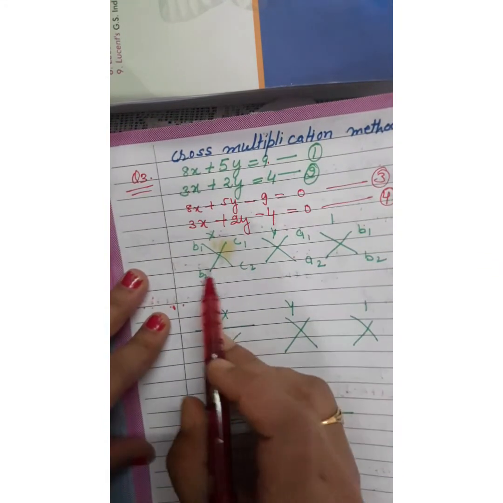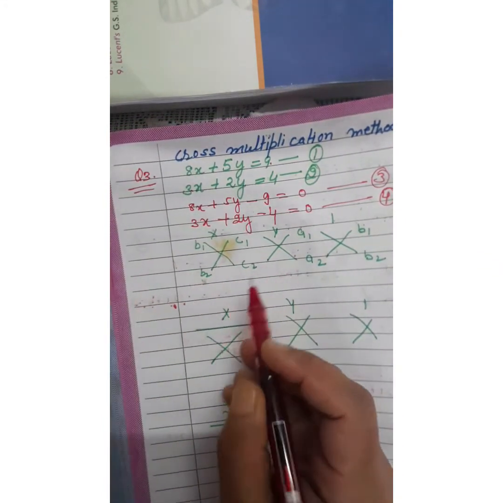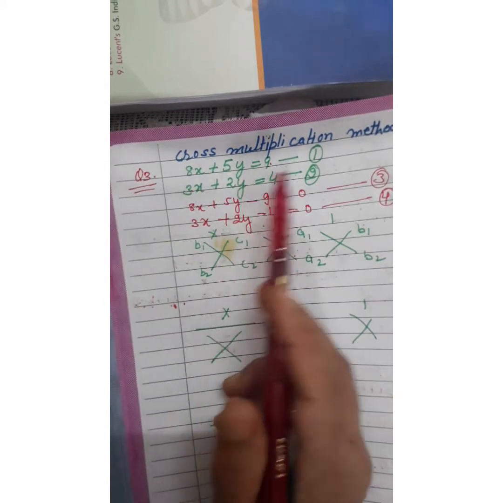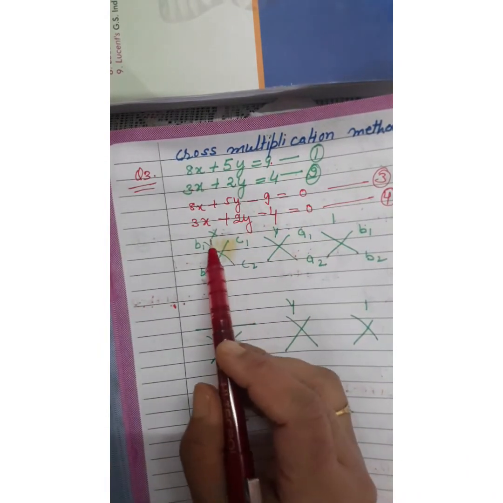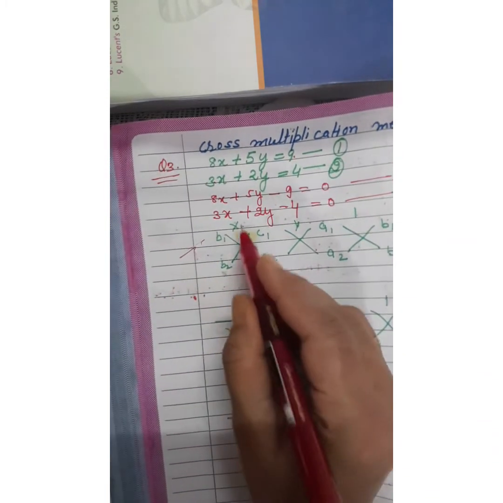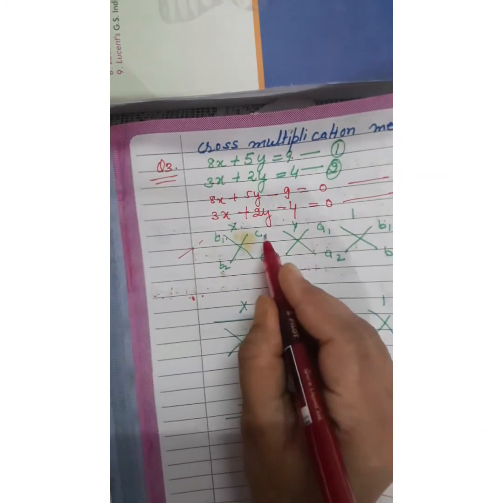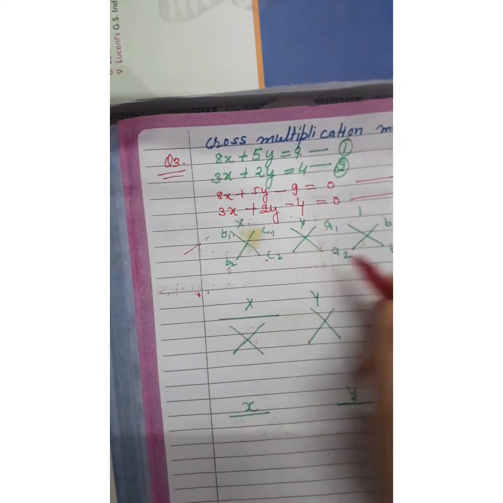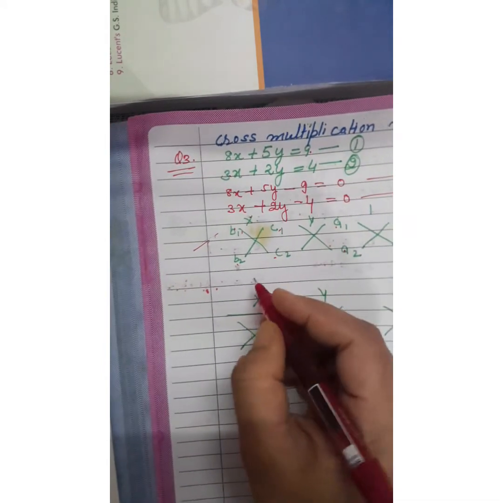Now after that you can know this is the cross multiplication method, and this is your formula, x, b1 b2, c1 c2 and a1 a2, b1 b2, right?